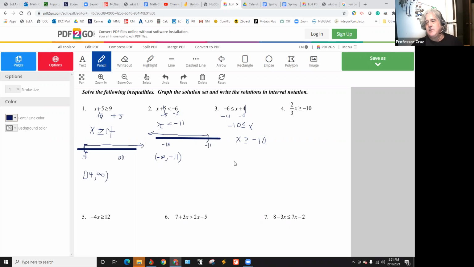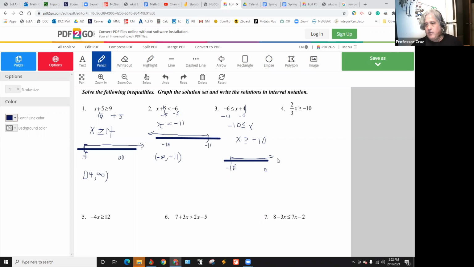So then let's say -10 would be right about here, and let's just say 0 is up here somewhere. So it includes -10, oh, this is supposed to be -10, I'm sorry, hence the bracket.